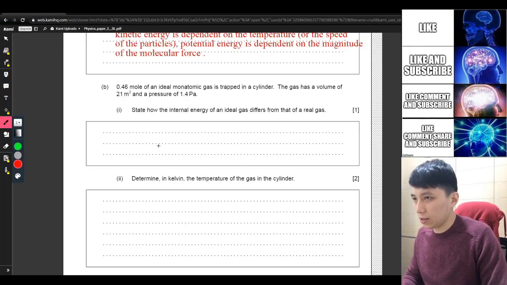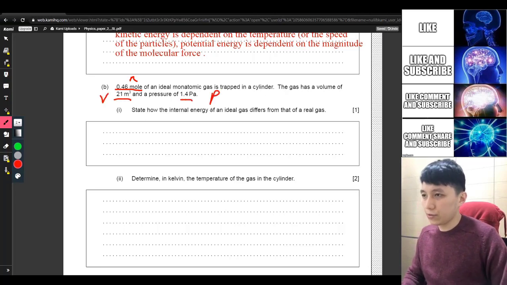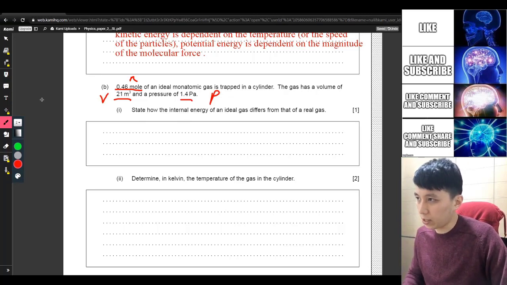Part B is that they've given you the mole, so n. Okay, write the symbol next to it. Monatomic gas. Okay, so it's a very simple form in a cylinder, fixed volume. So we have V, we have P here. Use the analysis to state how internal energy of ideal gas differs from the real gas.